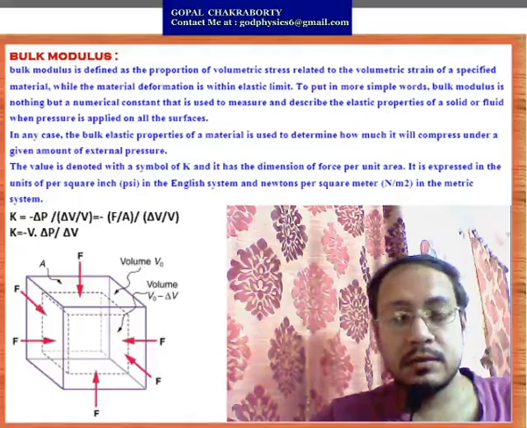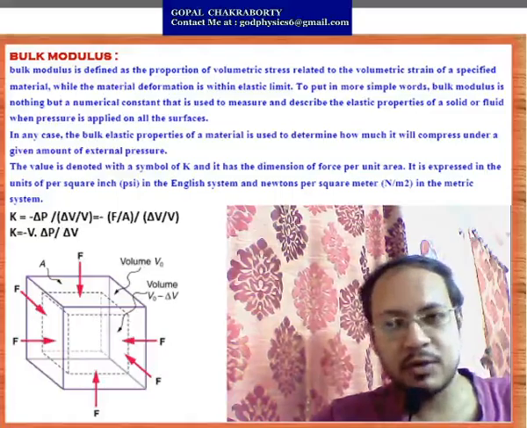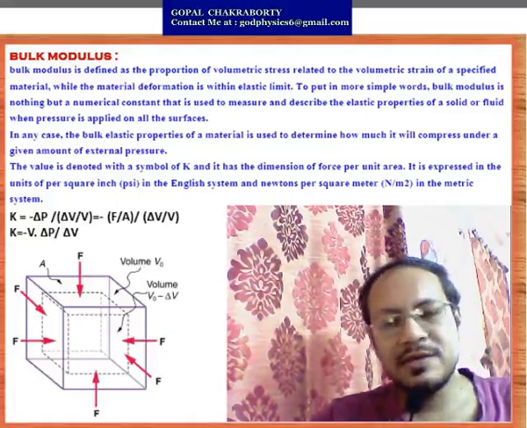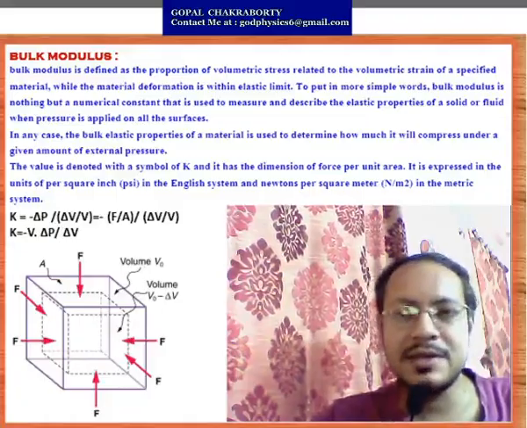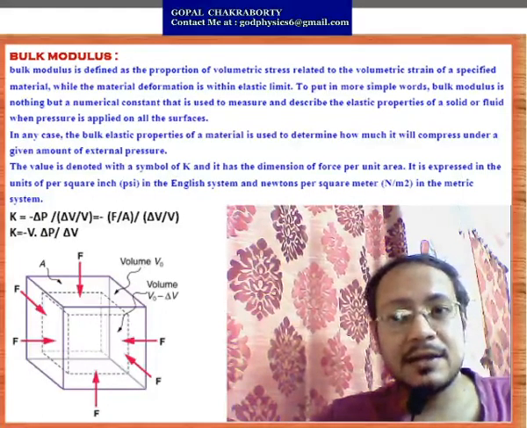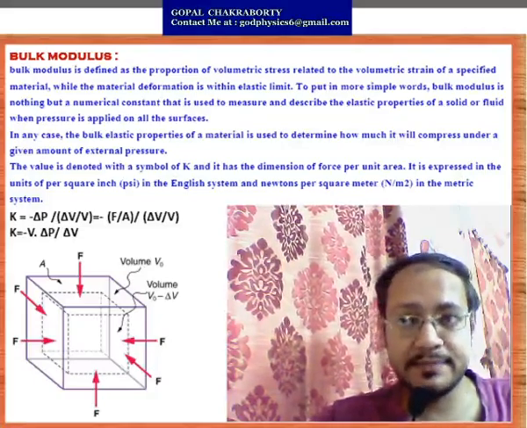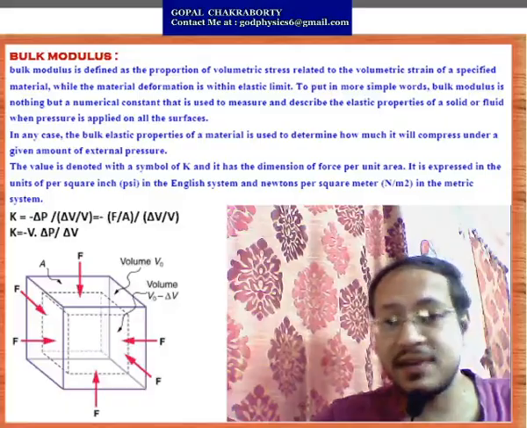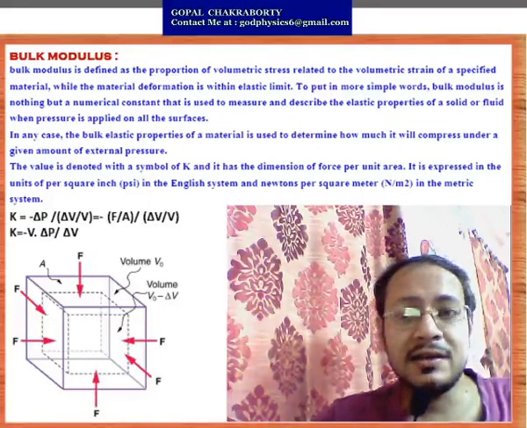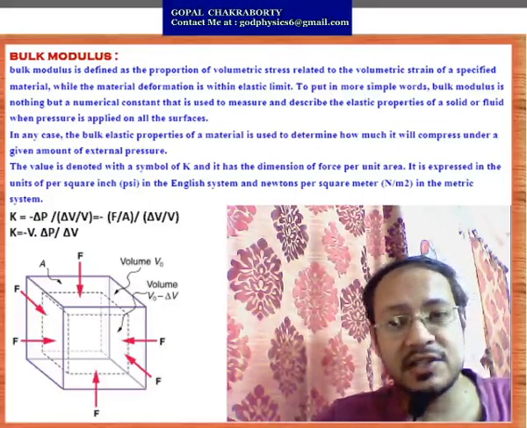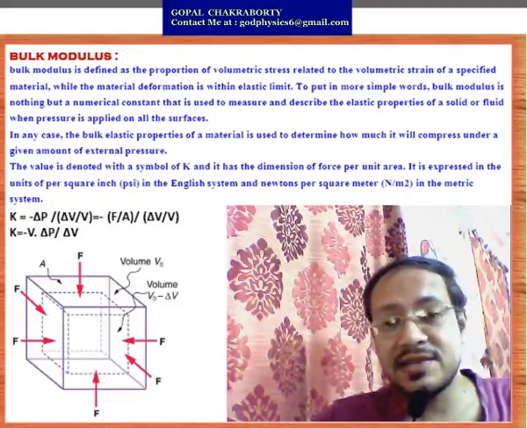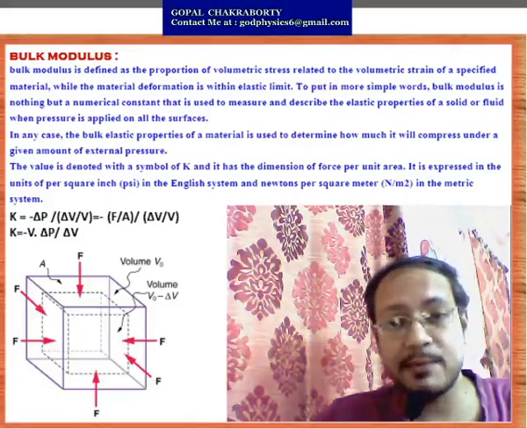Now the first one is bulk modulus. So what is bulk modulus? Bulk modulus is defined as the ratio of volumetric stress to volumetric strain of a specified material, while the material deformation is within elastic limits. This is very important.